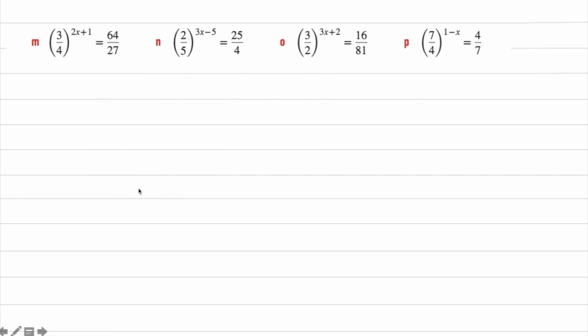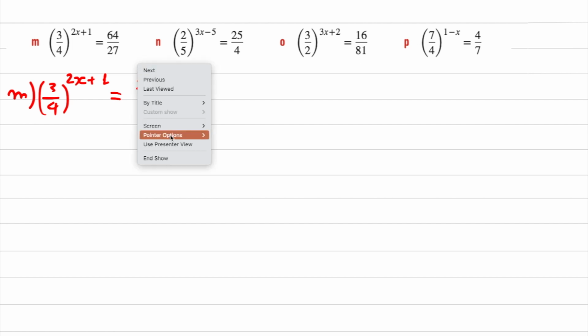Go on to the last 4 questions, and I think these are the hardest questions in this video. Question M. What is 64 here? You have to understand the cube number and square number. 64 may be a square number, and also a cube number. You got 64 is 4 to the power of 3, and 27 is 3 cubed.